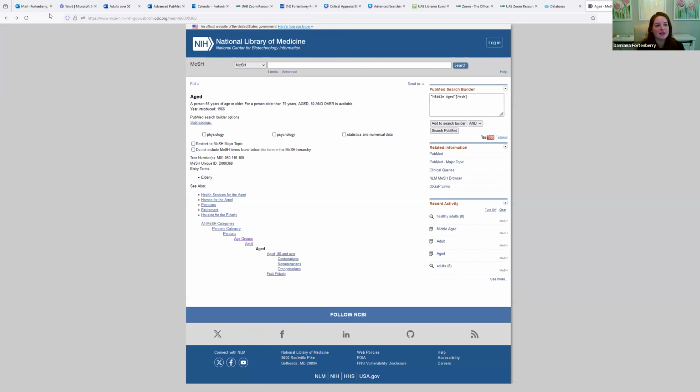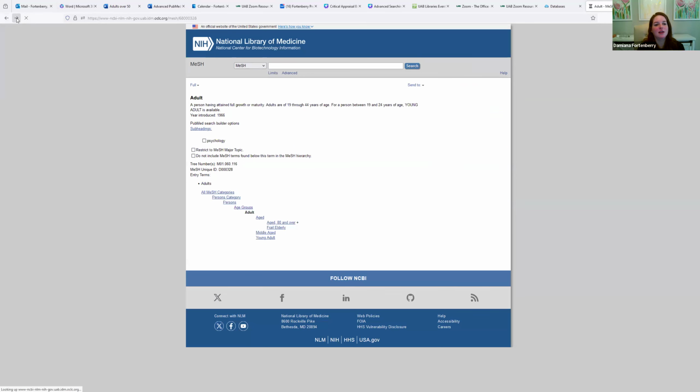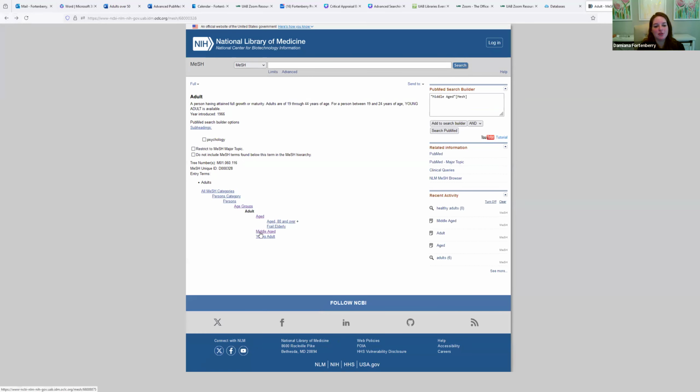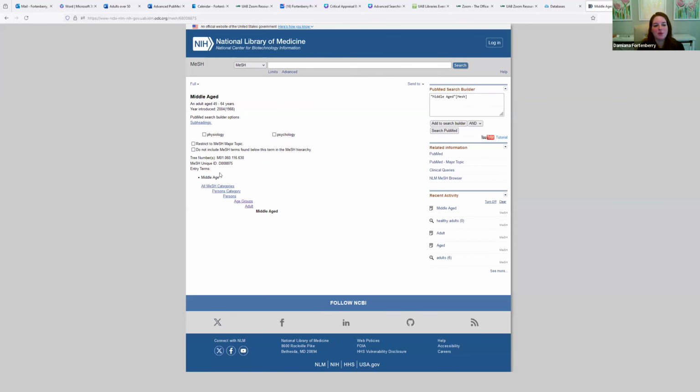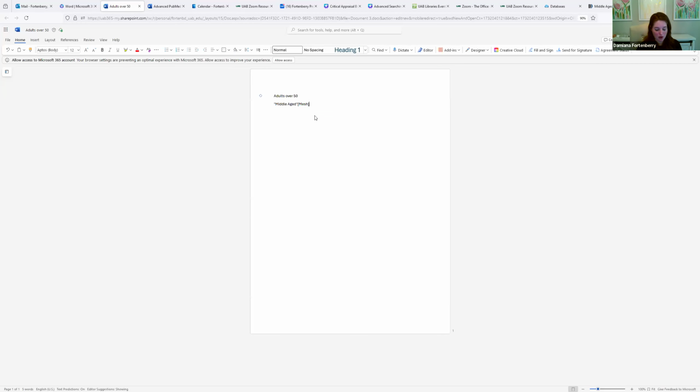And we looked at middle-aged, but there were no entry terms aside from middle-aged. But that's okay. For now, we can add, let's say, middle-aged.